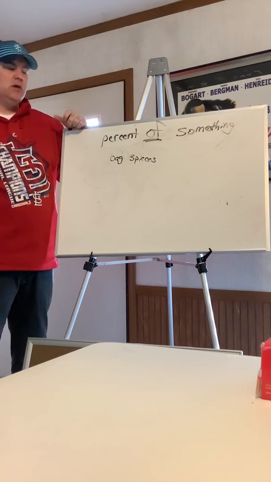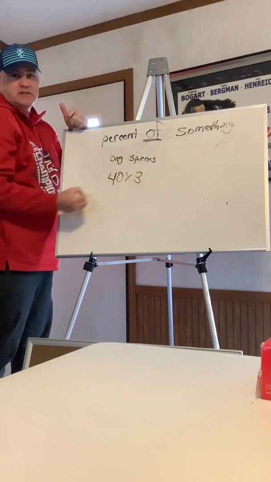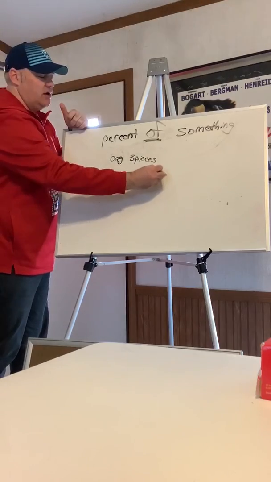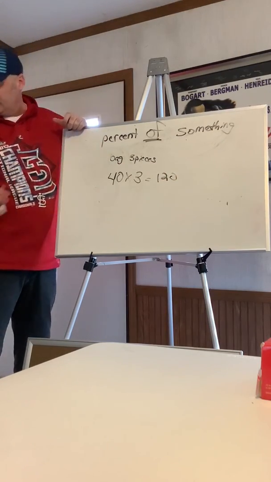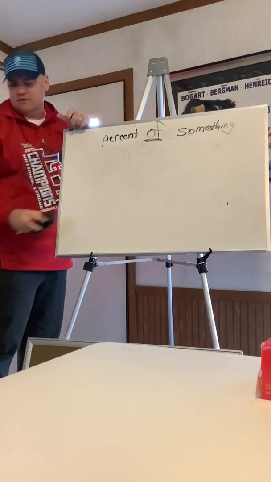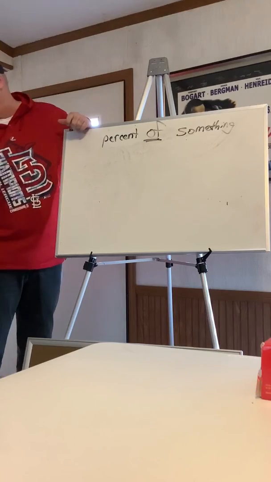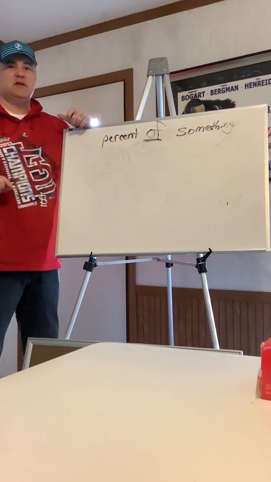I've got to do 40 times 3 to find out how many pieces of candy I have. And so I have 120 pieces of candy. So when we use that word of, we relate it to multiplication. That's just kind of what it means. So we are going to be using multiplication to do this percent of something.